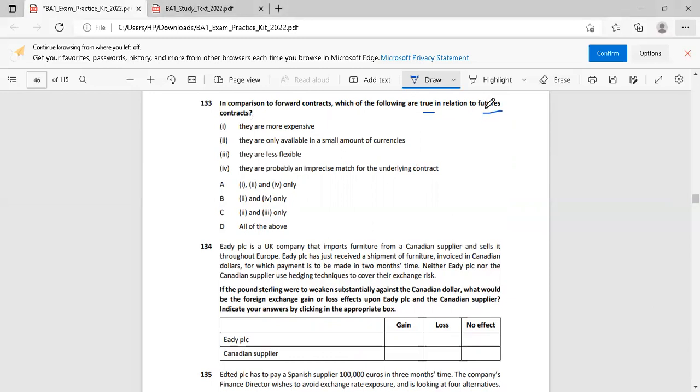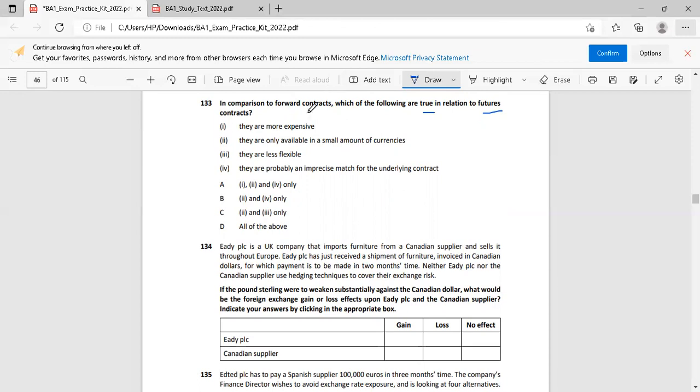Because they are traded on the exchange, there would also be transaction costs involved. See, forwards are over the counter. So mutually between two entities, there can be an agreement and they can enter into a contract and fulfill that. But in case of a futures contract, they are traded on the exchange market.